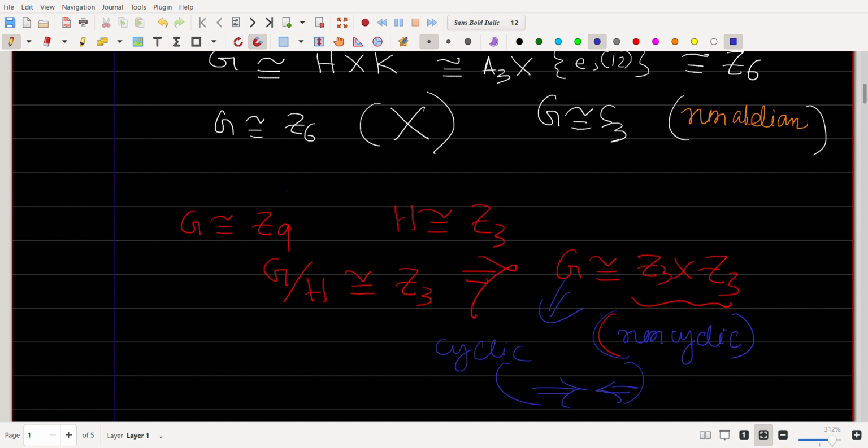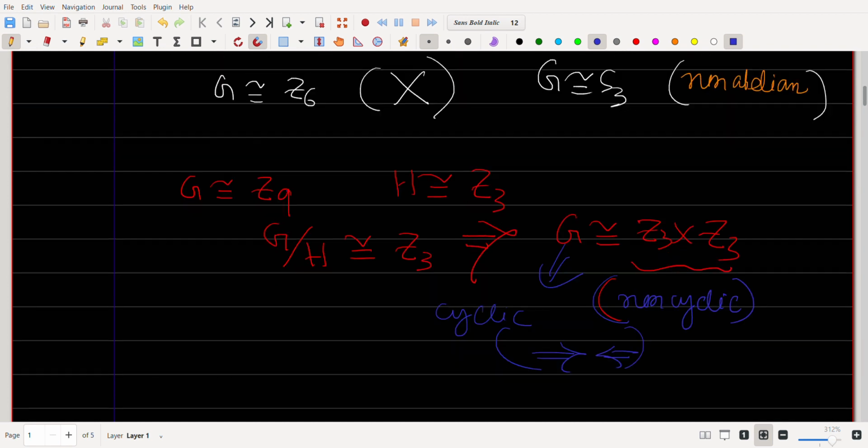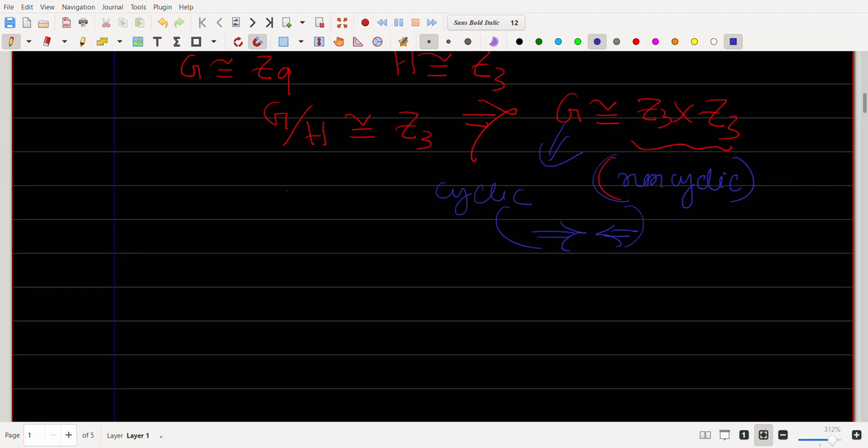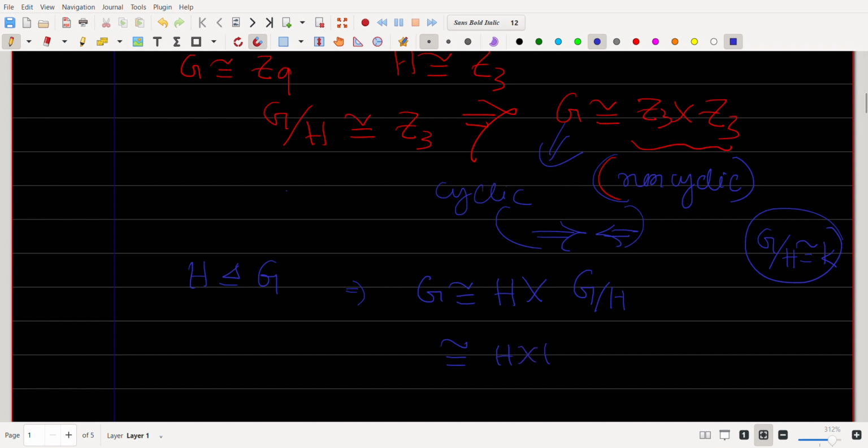Now the question is: when is it true? When can we say that if H is a normal subgroup of G, then G is isomorphic to H cross G mod H? If I take G mod H isomorphic to K, then it becomes G is isomorphic to H cross K, right?